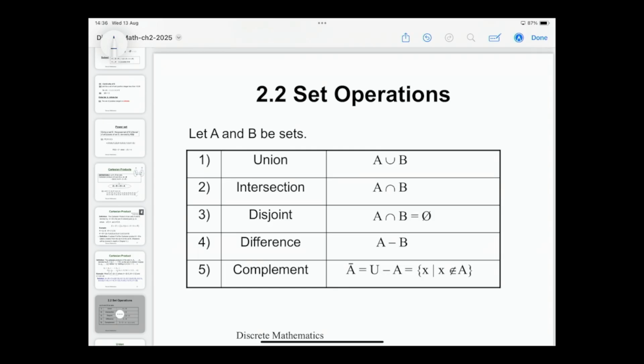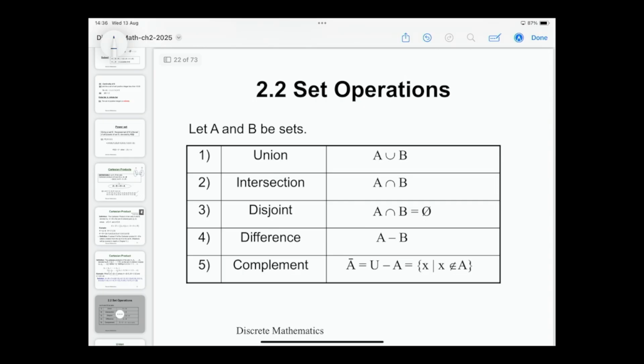Let's move on to the set operations. This would be very much like the logic that we discussed last week as well, right? We have union, which is like OR. Intersection is like logic AND.